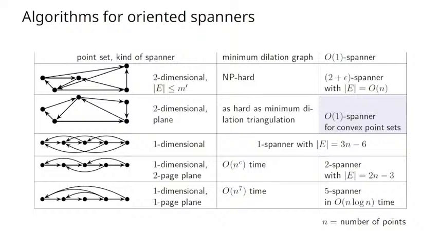In the plane setting, for points in convex position, orienting the greedy triangulation gives us a constant dilation spanner. Otherwise, we know very little about the plane setting. For the general setting, if I don't enforce planarity, then we can get a sparse 2 plus epsilon spanner.